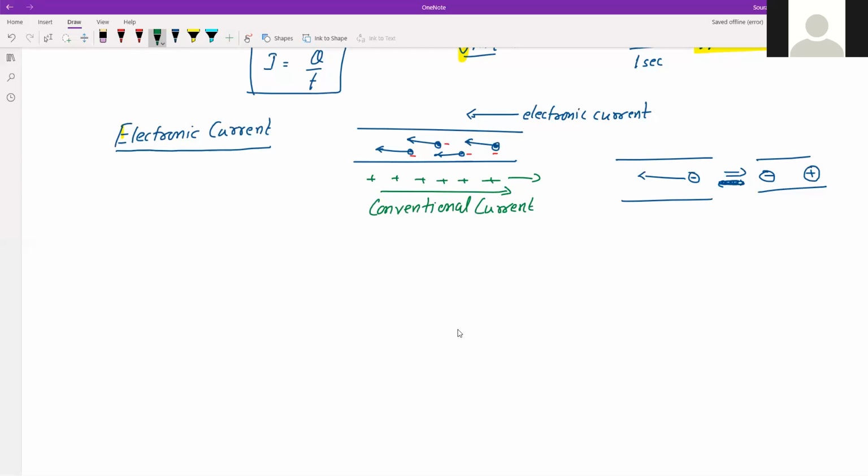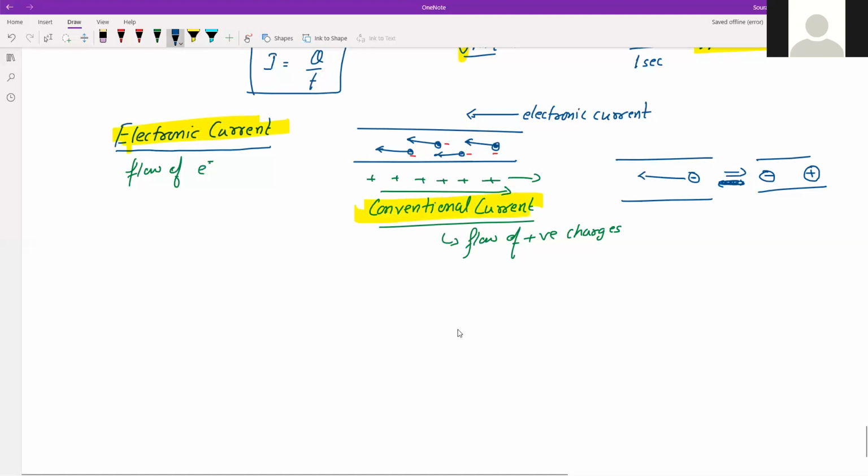So electronic current is flow of electrons, and conventional current is flow of positive charges. It is not like protons are moving. Because the negative charge is moving in one direction, positive charge will flow in the opposite direction. So that's what we mean by electronic current and conventional current.